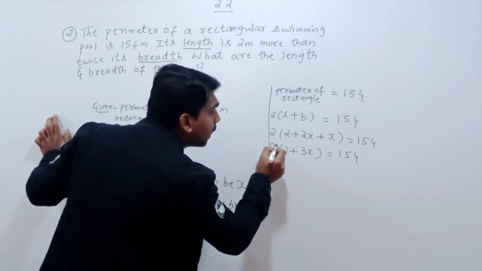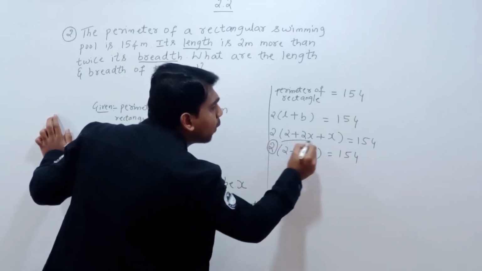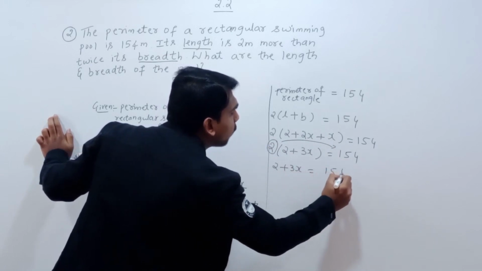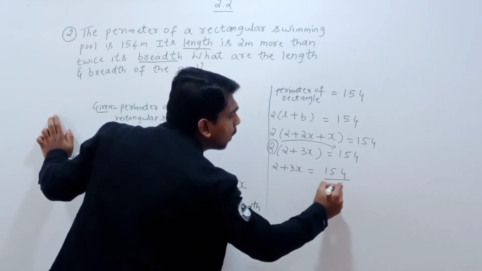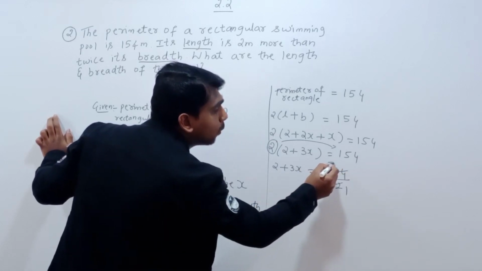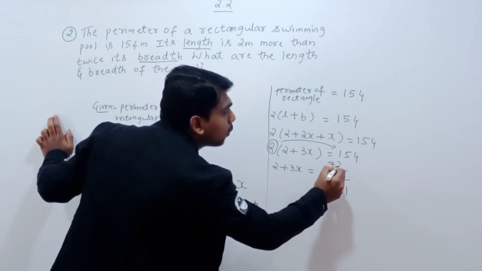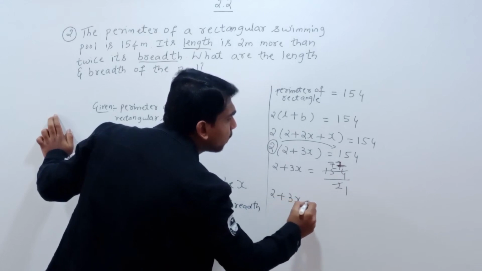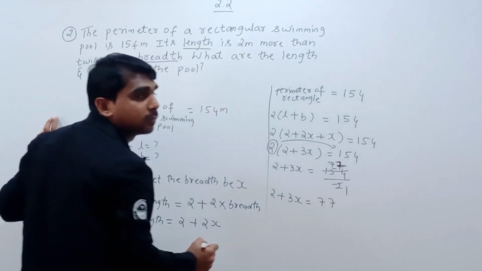Now since here the number is multiplied, if we move it to the right side, it will become divided: 154 divided by 2. 2 ones are 2, 2 sevens are 14, the 1 will remain. So 2 plus 3x will be 77.